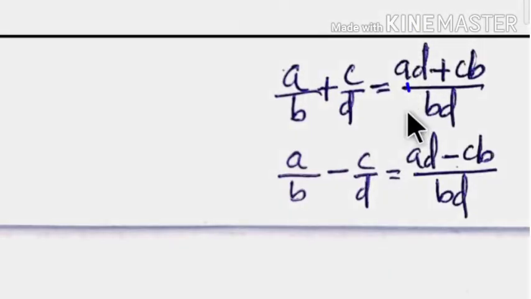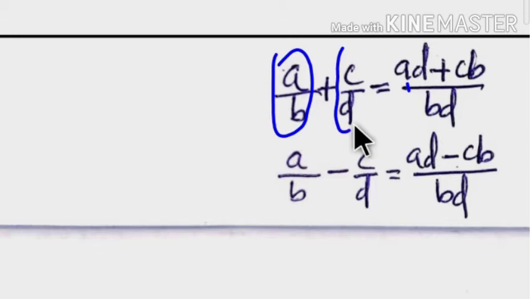Here you can see the two equations for addition and subtraction of fractions. Here a by b is the first fraction, c by d is the second fraction. While adding these two fractions we use this equation: ad plus cb by bd.